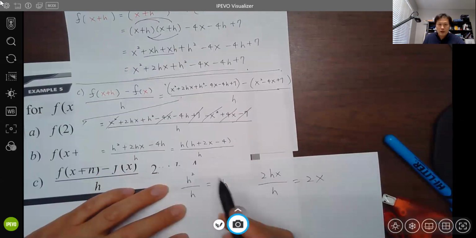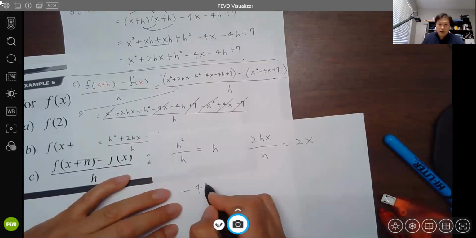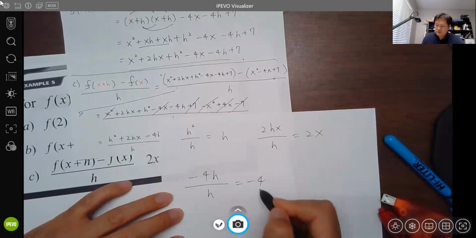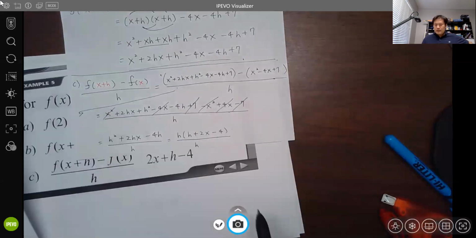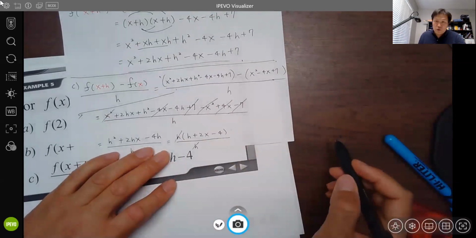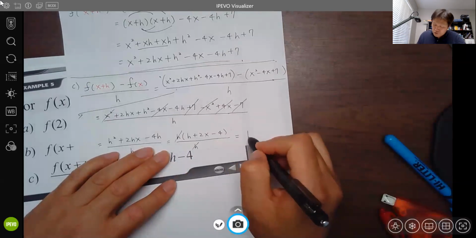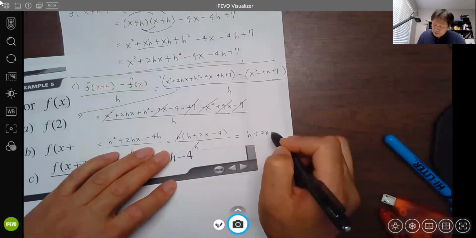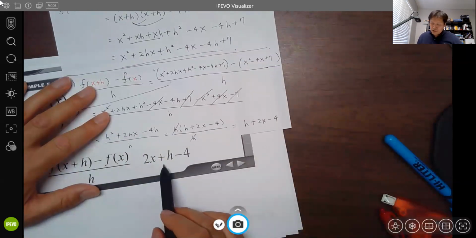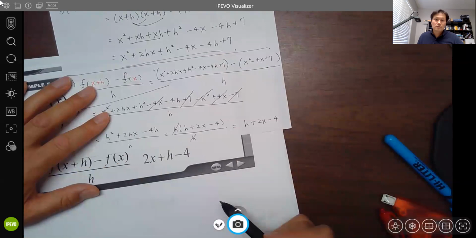You have minus 4h; factoring h out means dividing by h, so you get minus 4. Once you factor out h, you get to cancel numerator and denominator. So the final answer should be h plus 2x minus 4, or 2x plus h minus 4, same thing.